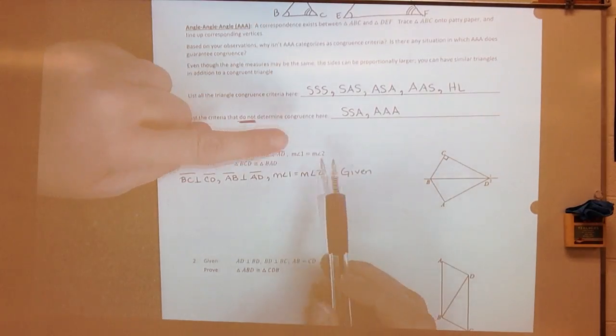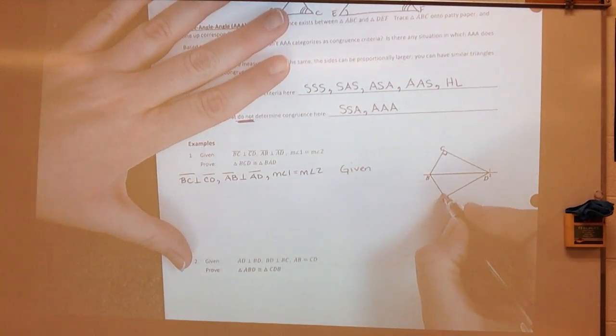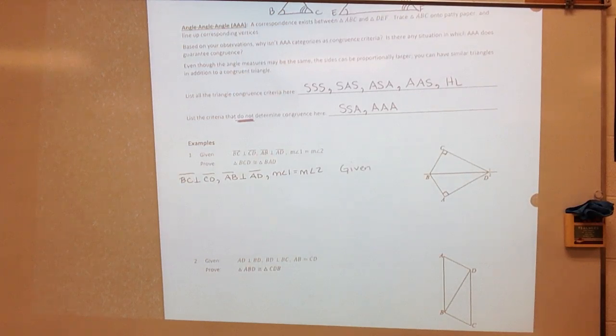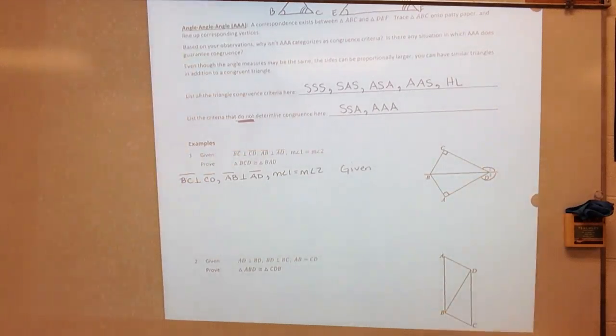If AB is perpendicular to AD, then I know that I get a right angle. You can maybe think about HL here, but don't jump to the conclusion that we have a right triangle, so we're going to use HL. Now we know that the measure of angle 1 is equal to the measure of angle 2, and those are exterior angles.